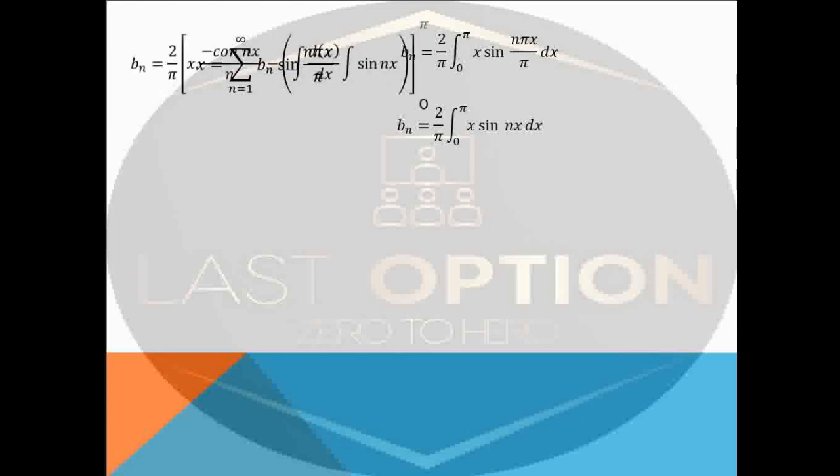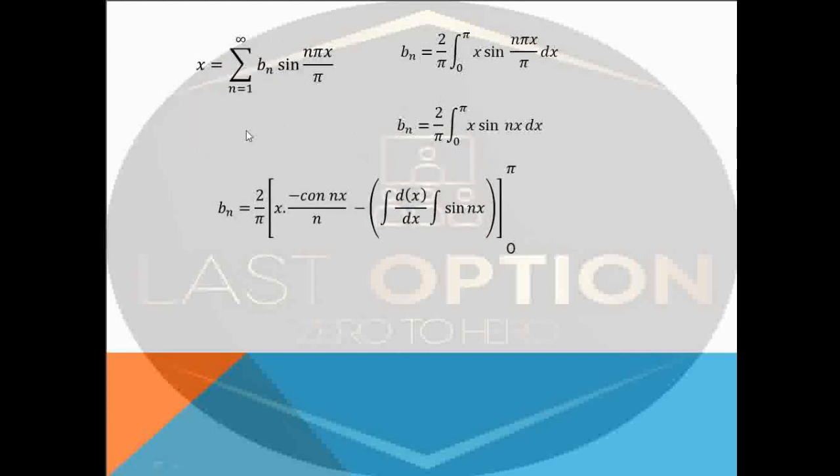So here we find that Bn is equal to 2 upon pi, the first function is x, so we put x as it is, and integration of sine nx is minus cos nx upon n, and then minus the integration of the differentiation of x with respect to x, and the integration of sine nx.